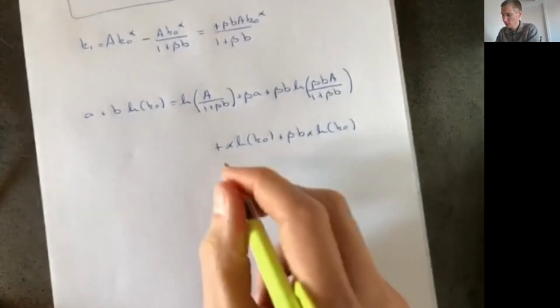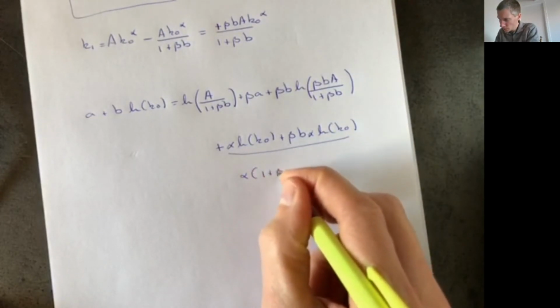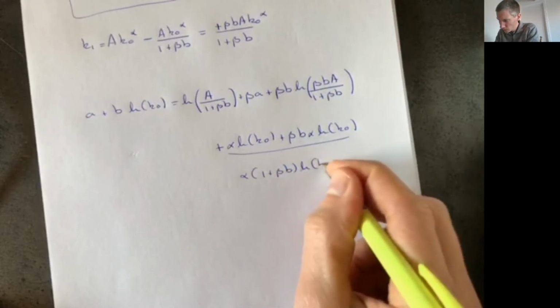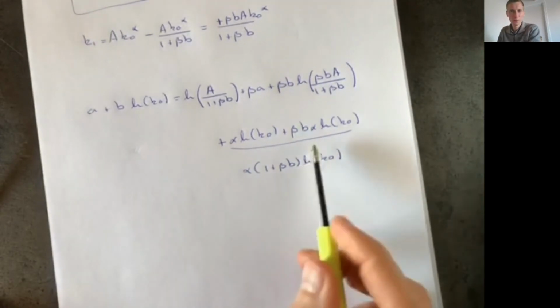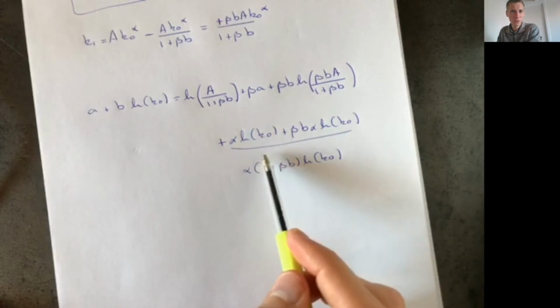So this here together is equal to alpha times 1 plus beta b times ln k0.